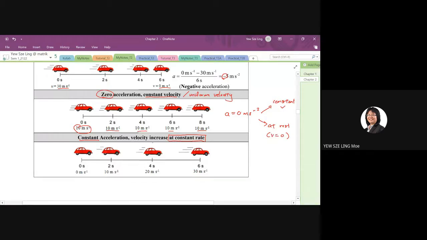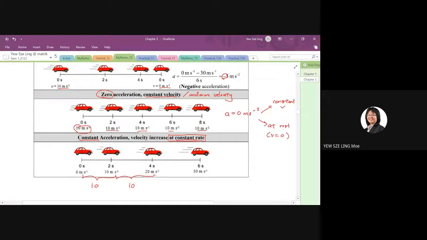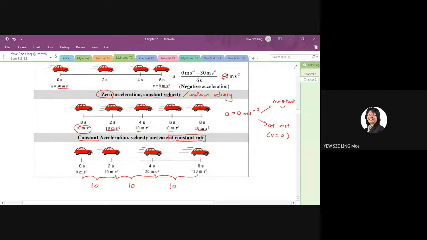So your velocity increases at constant rate. Now, what does it mean by increase at constant rate? You look at the example given. From 0 until 2 seconds, it increased by 10. Another 2 seconds, it increased by another 10. Another 2 seconds, it increased by another 10. So that is the meaning of velocity increased at constant rate.